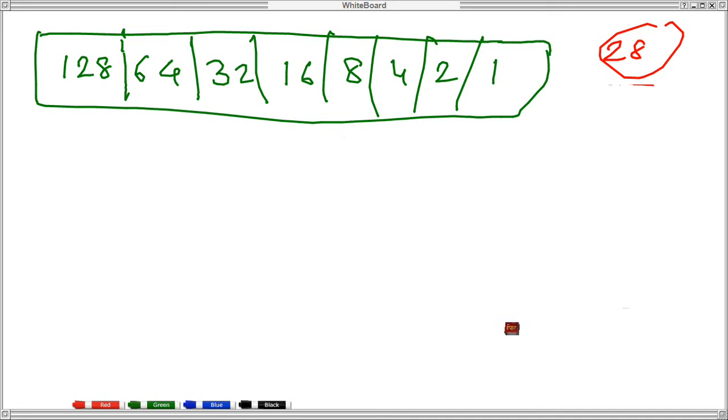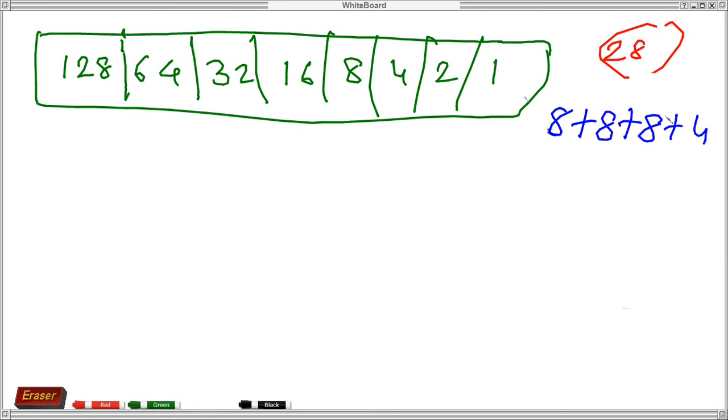That means 28 is 8 plus 8 plus 8 plus 4. So 8 bits set to 1, 8 bits set to 1, 8 bits set to 1, and 4 bits set to 1. The remaining 4 bits have to be 0.